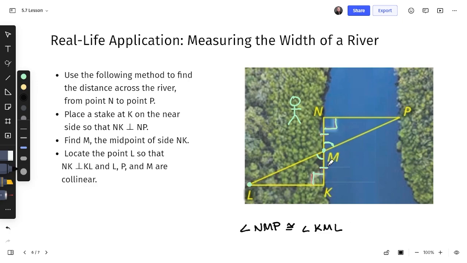So we have an angle, a side, and an angle. That lets us prove that triangle NMP is congruent to triangle KML by the angle, side, angle congruence theorem.